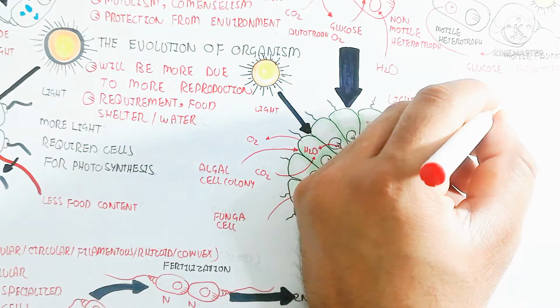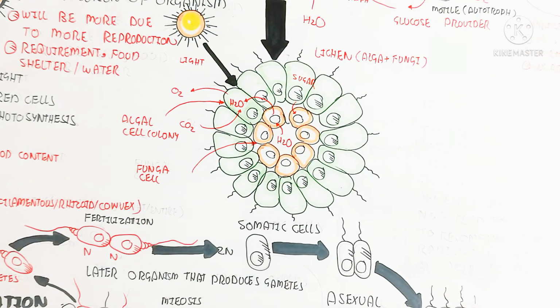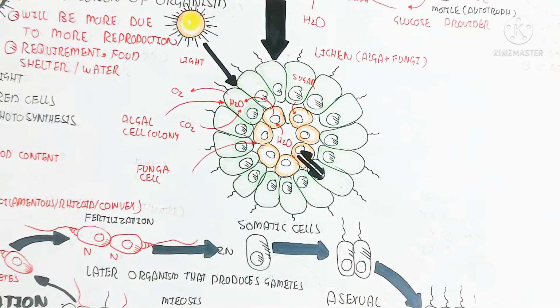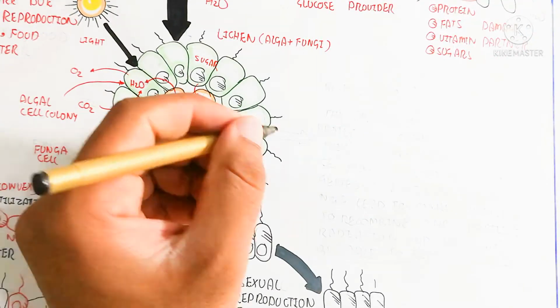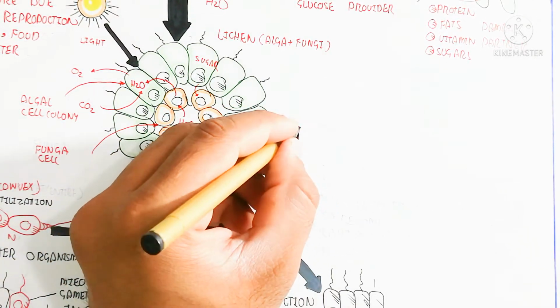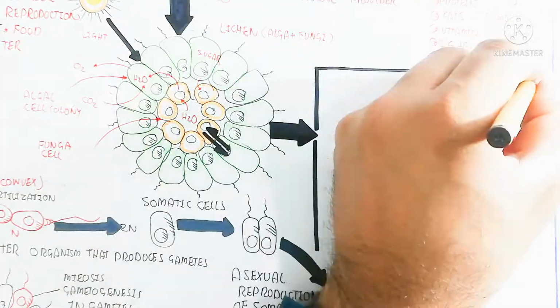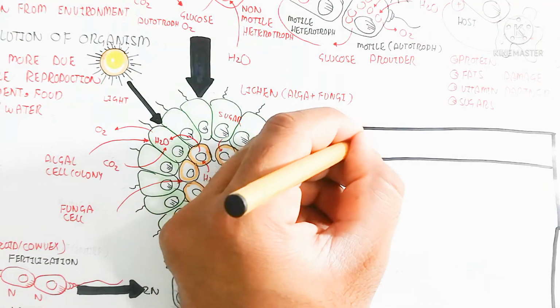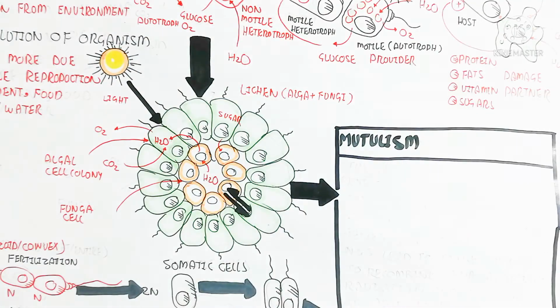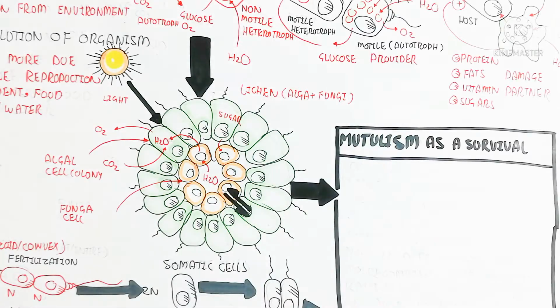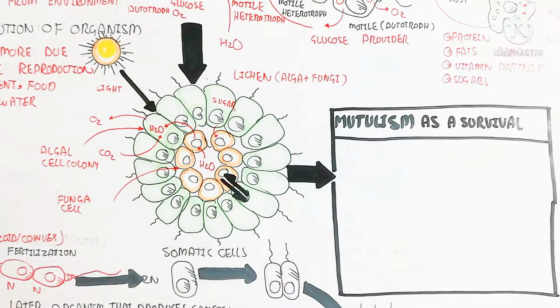So in this way remember that light is required and oxygen will be produced from the algal cell, and photosynthesis will occur through fixation of carbon dioxide to produce glucose, and that glucose will be consumed by the fungi, and the fungal cell will use the extra glucose from the autotrophic cell, for example the algal cell.